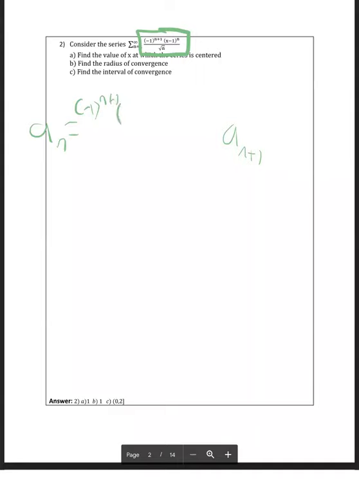So for this particular expression, a sub n is -1 to the n plus 1 times x minus 1 to the n over the square root of n. And then the one over here is exactly what you said, -1 to the n plus 2, x minus 1 to the n plus 1, because that one was formerly n, and now it's the square root of n plus 1. So now we're basically going to do what we've done before.